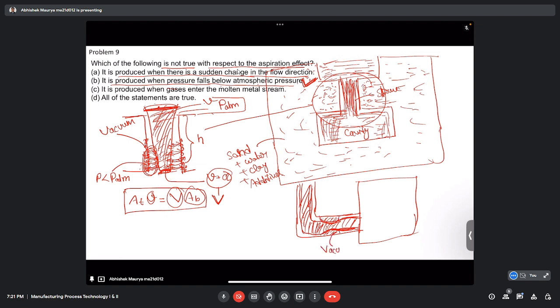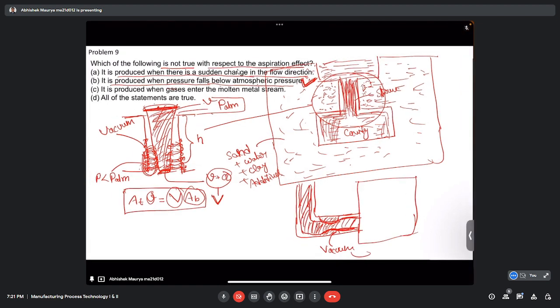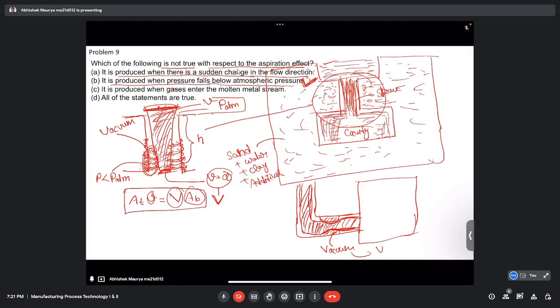and this process is called the contraction. This has taken place only because we gave a sudden turn to the moving molten metal, and because of this, again here we created a vacuum.